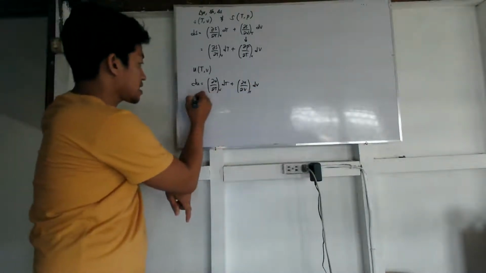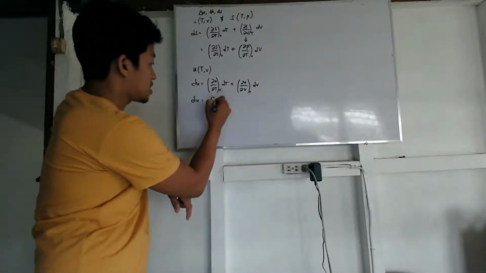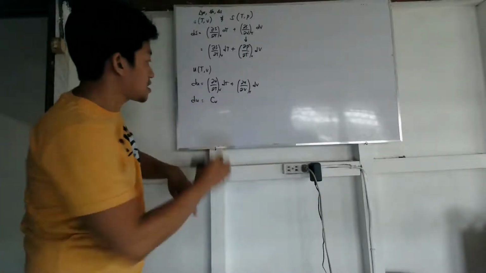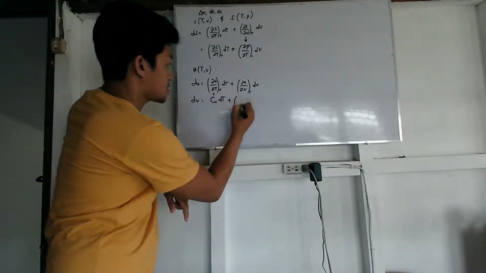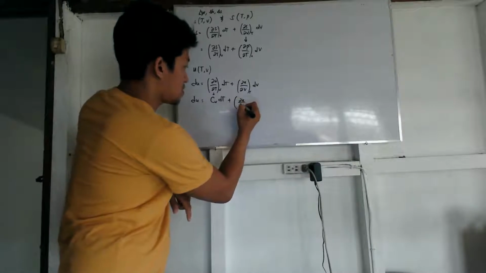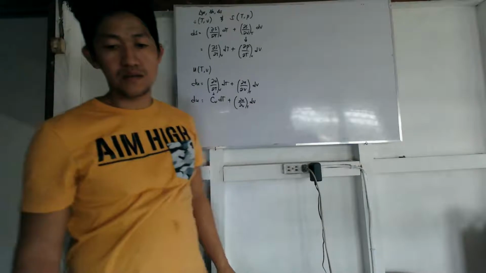Now, in a term, this is just equal to the specific heat at constant volume, Cv dT, plus partial of U with respect to V dV. Okay?